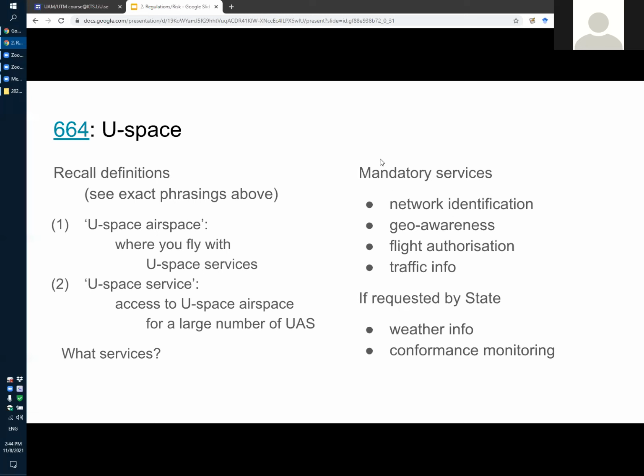So these are the services in the regulation. In ConOps, you can find many, many more services. Of course, people are thinking about other services. So it's probably not only these 4 or these 6 that would cater to all the possible needs, but nevertheless, these are 4 mandatory, and these are 2 that can be requested.